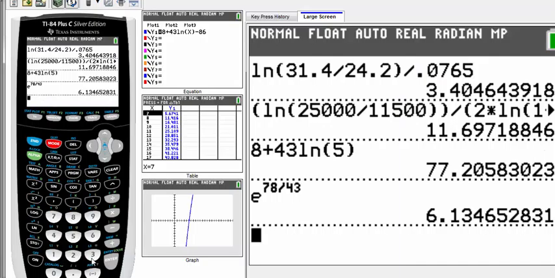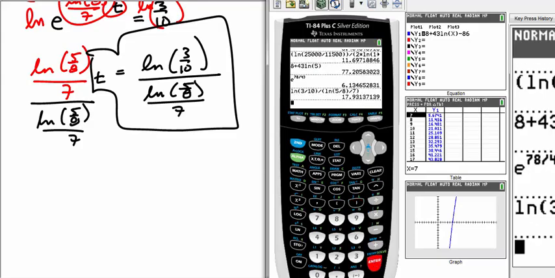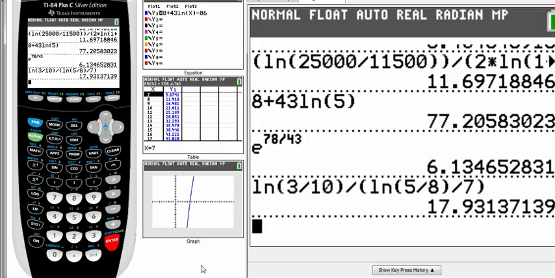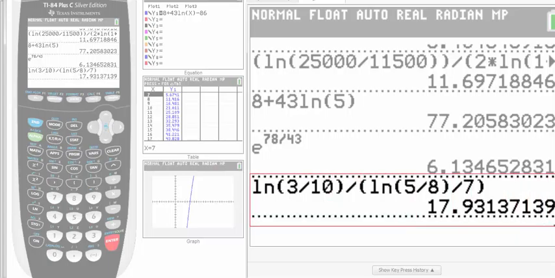I have the natural log of 3 divided by 10, close parenthesis. Now I'm going to divide this by a set of parentheses, natural log of 5 divided by 8, and then that is divided by 7, and I close parenthesis again. So here I have 17.93, and let's see how that compares to how they would like us to round.